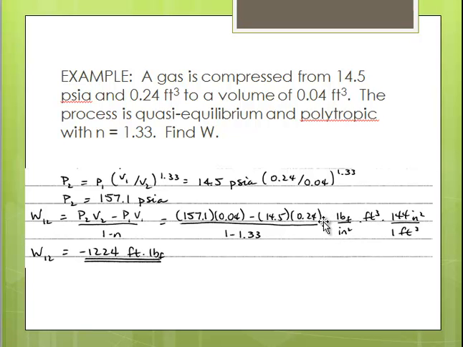My units on my volumes are cubic feet. So I need to convert my inches squared to feet squared, and that will give me foot-pounds force, which are the appropriate units for work. So I end up pushing buttons on a calculator using this conversion factor, negative 1224 foot-pounds force.